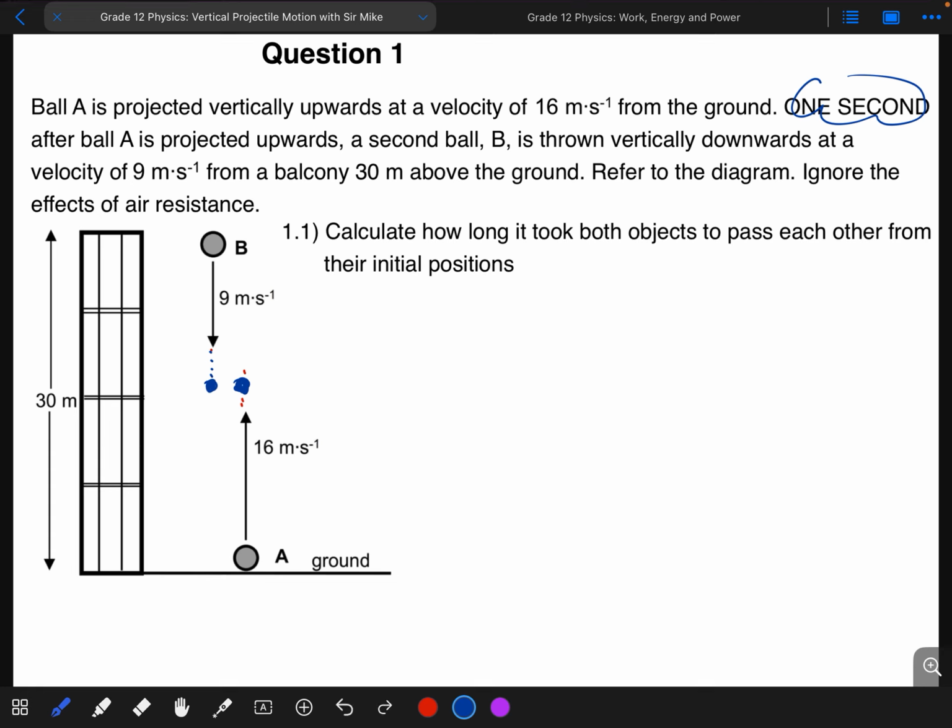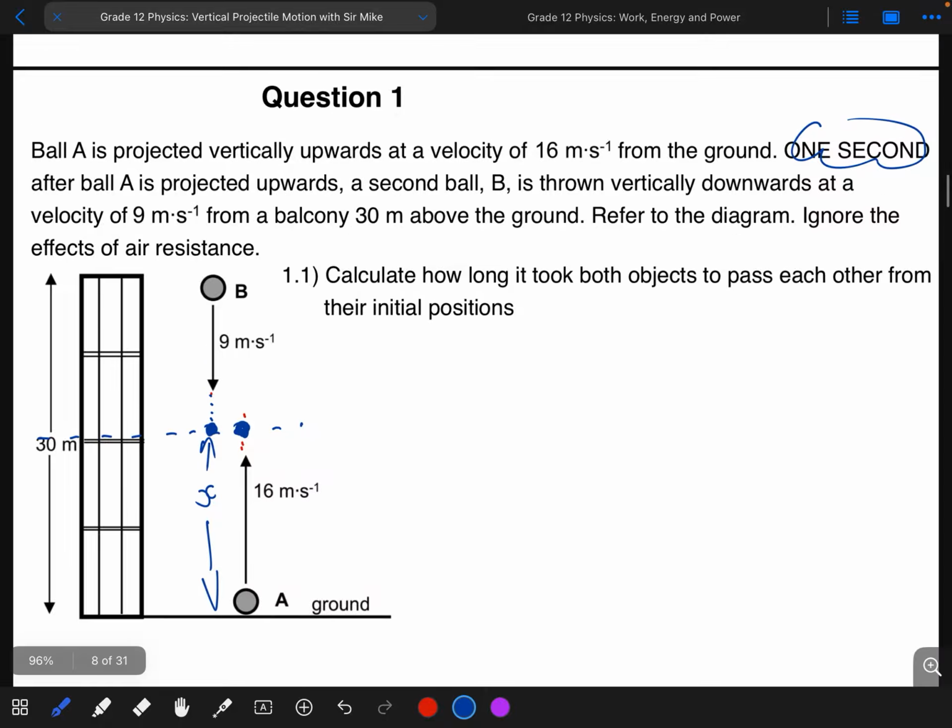So what you simply do is label that height to be x. If this height above the ground, where they passed each other, is x, that would simply mean that the remaining height would simply be the height of the building, which is 30, minus that x there.